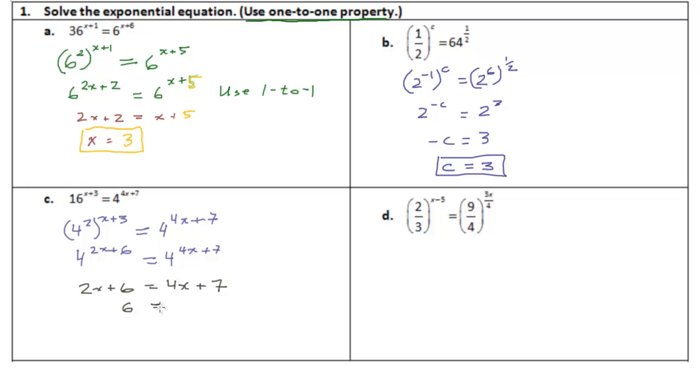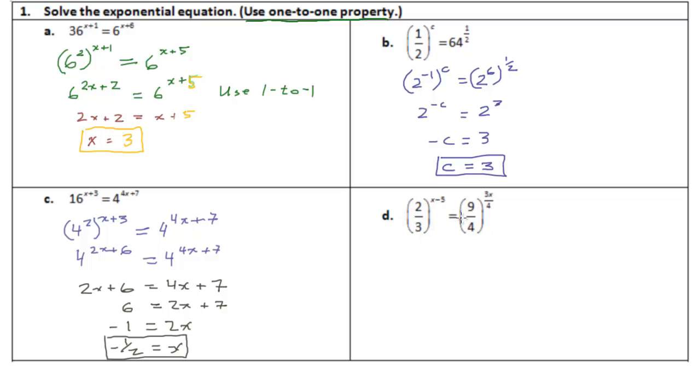So we have 6 equals 2x plus 7. Now subtract 7 from both sides. Negative 1 is equal to 2x. And then divide both sides by 2. So negative 1/2 is equal to x. And that indeed is the answer. You can check it, but we won't at this point.